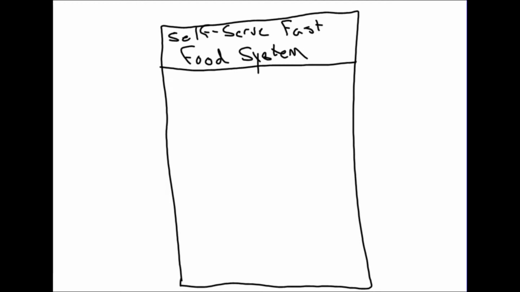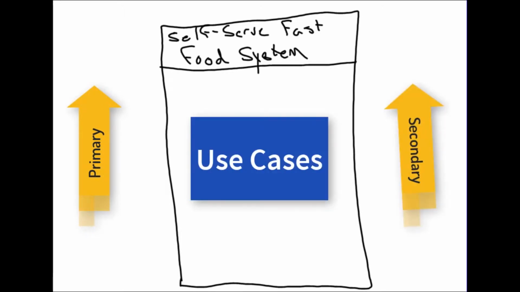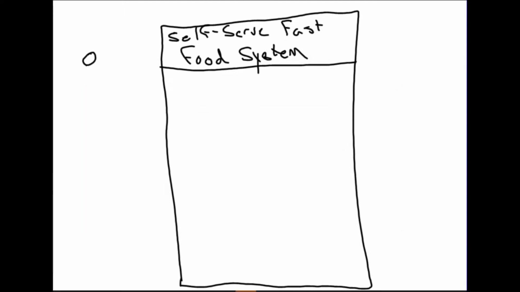Okay. Do we know that on the left hand side we're going to have our primary actors, on the right hand side our secondary actors? An actor is really just a stick figure, which we now have there for human.